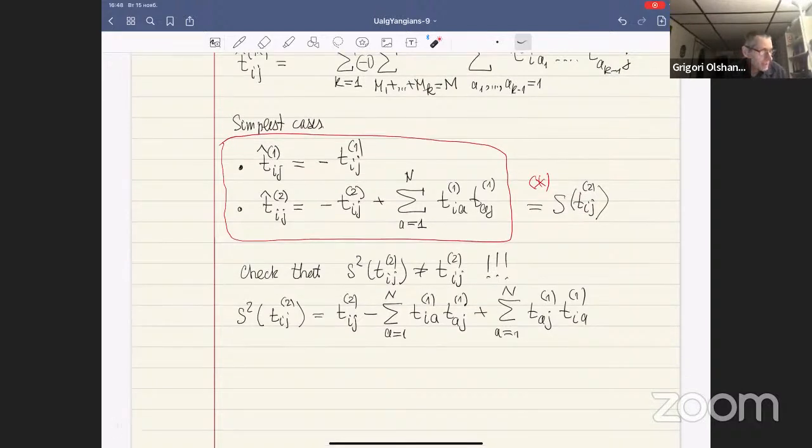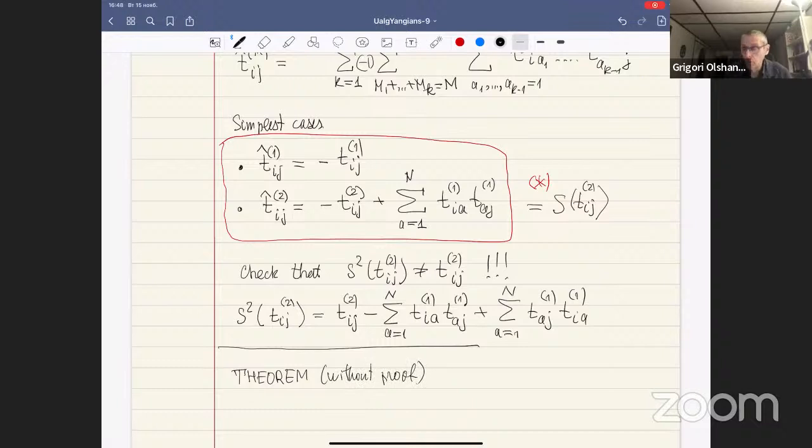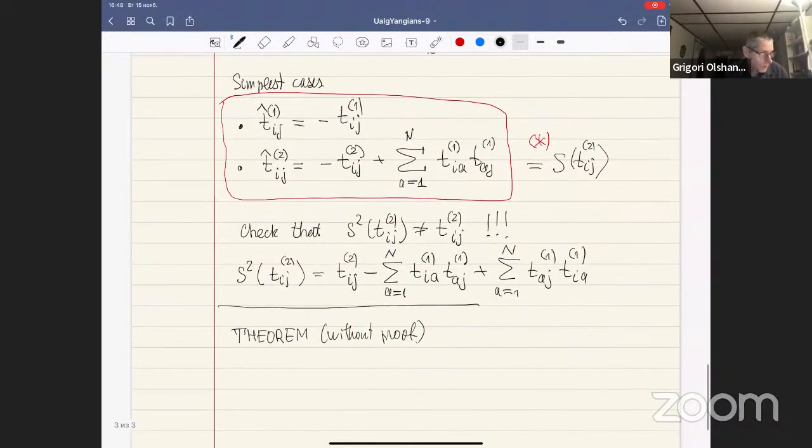And a more detailed analysis shows the following theorem, which I don't want to prove just now. So we have a theorem without proof. I want only to state the result as follows.